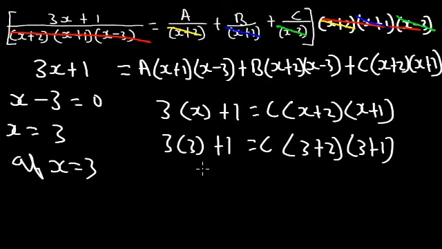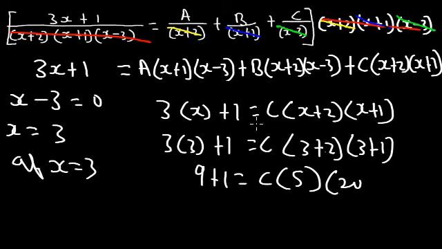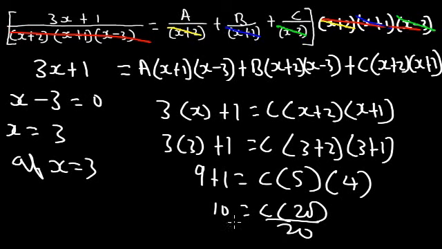And that will be 3 times 3 is 9 plus 1 equals c multiplied by 3 plus 2 is 5, 3 plus 1 is 4. And 9 plus 1 is 10. C multiplied by 5 times 4 is 20. Dividing 10 by 20, c is indeed equals to 1 over 2. Like b, c is also 1 over 2.